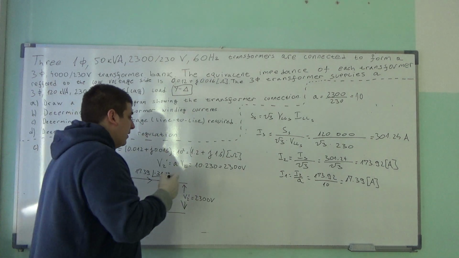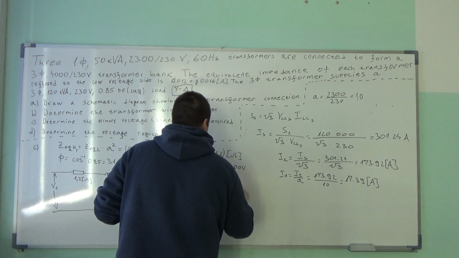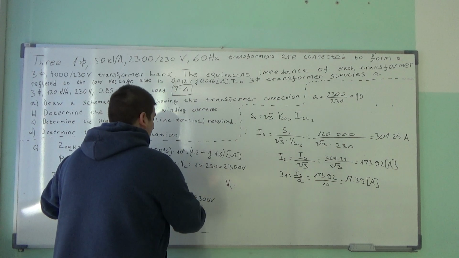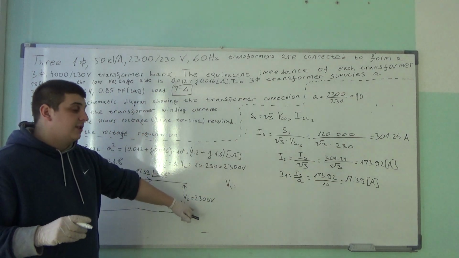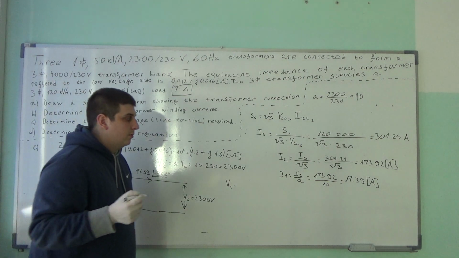So V1 is equal to 2300 volts, and this is zero phase angle.